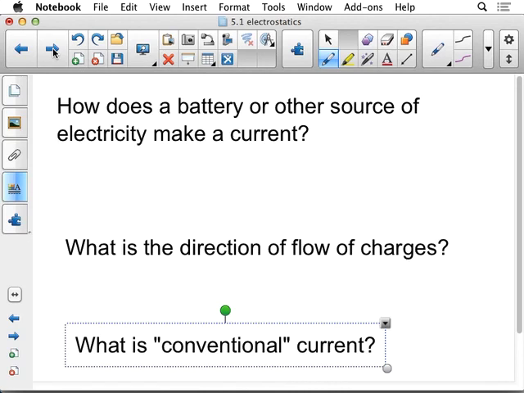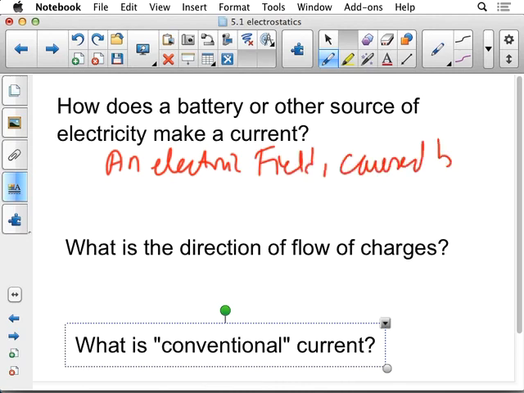And we said we had to have a charge separation probably somewhere to do that. So a battery or other source of electricity makes a current by making an electric field caused by charge separation. I told you it was important.